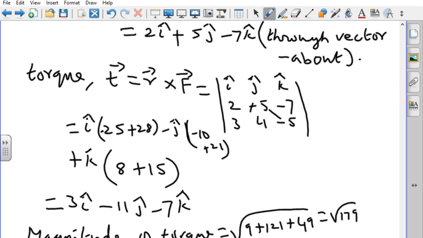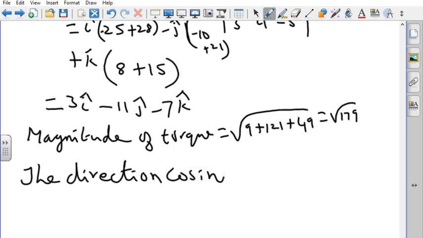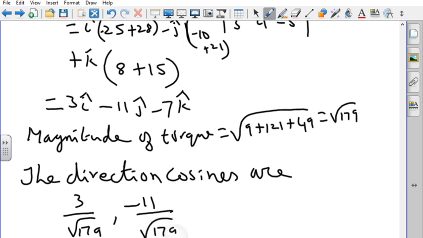It is also asked to find the direction cosines. We have got 3i cap minus 11j cap minus 7k cap, so the direction cosines are 3 by root 179, minus 11 by root 179, minus 7 by root 179.